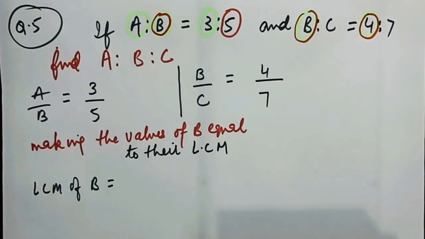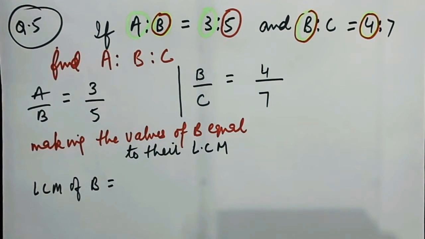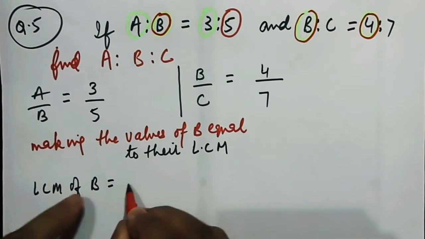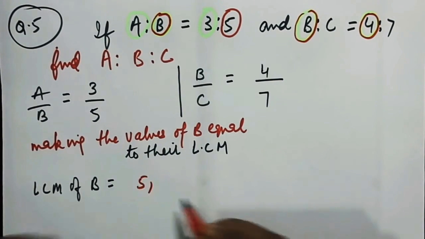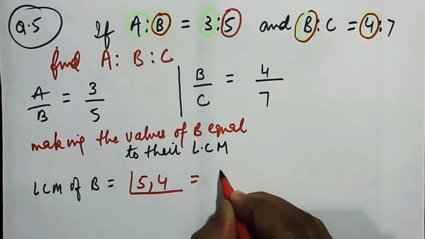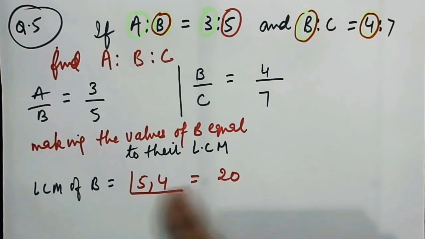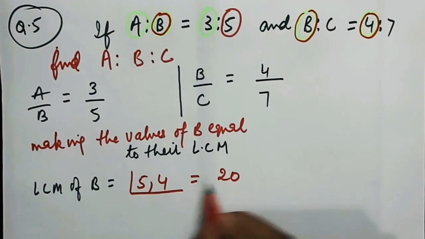So I am going to make the values of B equal to their LCM, that is, LCM of B means 5 and 4 will be equal to 20. 5 4s are 20. Why? Because they are co-prime numbers. Co-prime numbers are numbers whose HCF is 1. So their HCF is 1, so we multiply the numbers. So LCM of B is equal to 20.